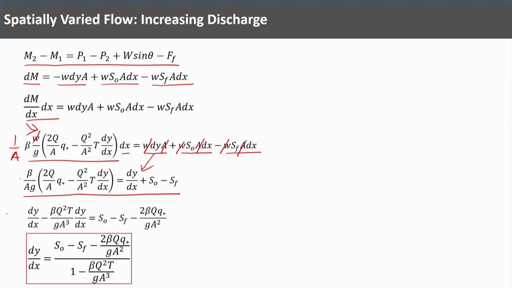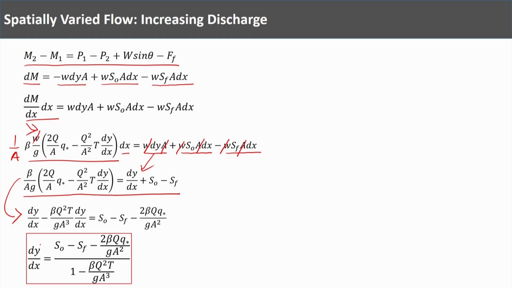Okay. So, if I simplify it, I am taking this dy by dx term here: beta Q squared T by g A cubed dy by dx, and the other terms I am writing on the right hand side, which is equal to S0 minus Sf minus twice beta Q q* divided by g A cubed.